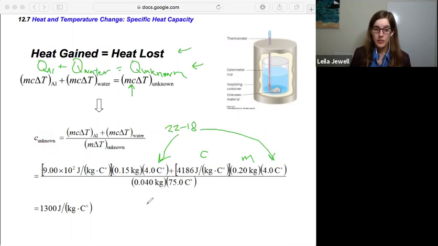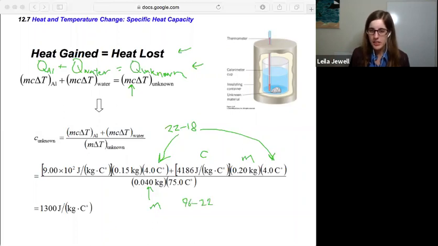And then for the unknown, we have its mass, so that's good. And for its change in temperature, again, this is where we have to be careful. We're not doing final minus initial, because final minus initial would have been 22 minus 96. We want to be positive still. So we're going to do the higher temperature, the 96, minus the 22.